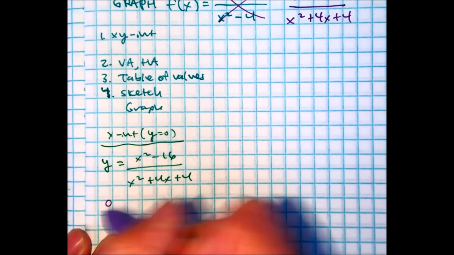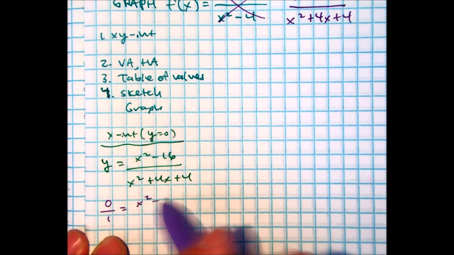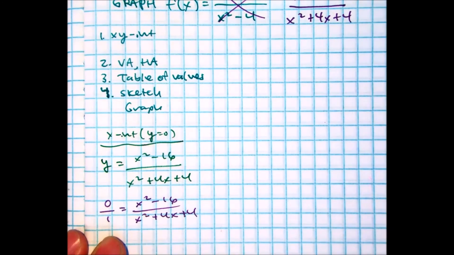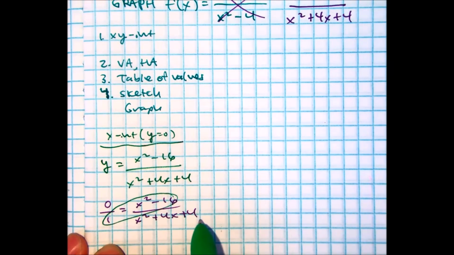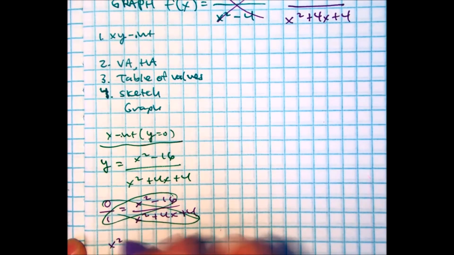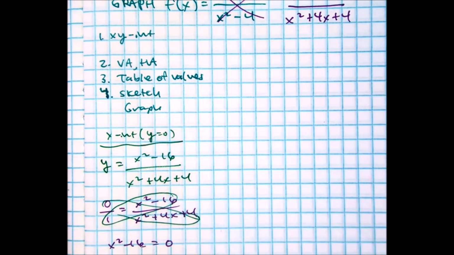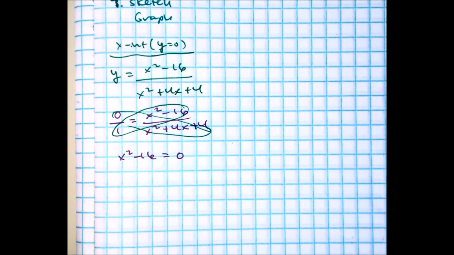0 is y, so substitute it. If you cross multiply, you're just going to get x squared minus 16 equals 0. Here you could factor to solve, or you can just use the square root method.